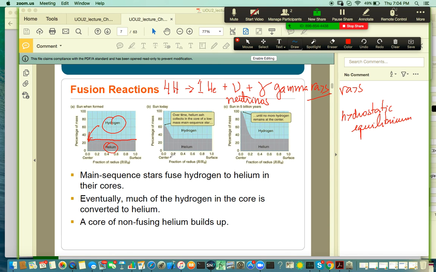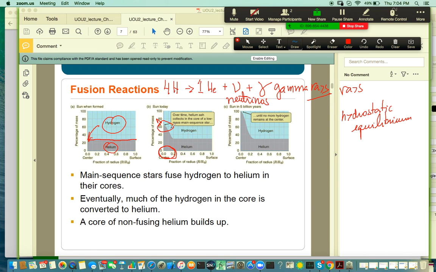And if you look at the x-axis right here, the core corresponds to about 20% of the stellar interior. So the core starts converting hydrogen into helium. And in the case of the sun, it is right now at this percentage here.